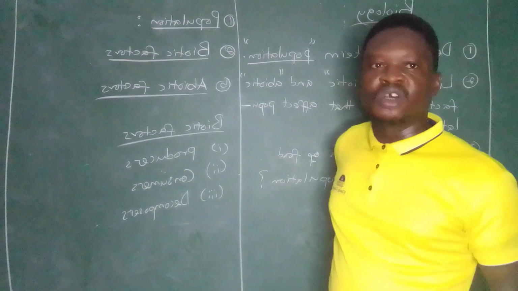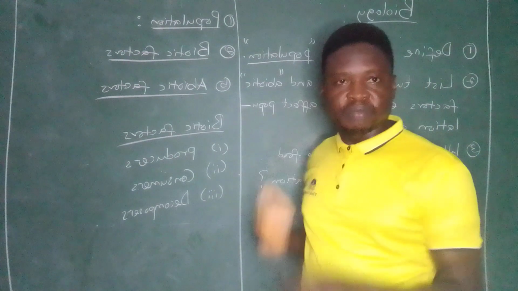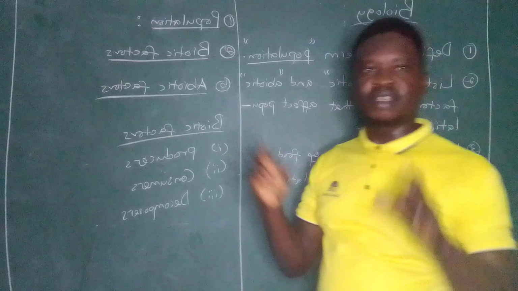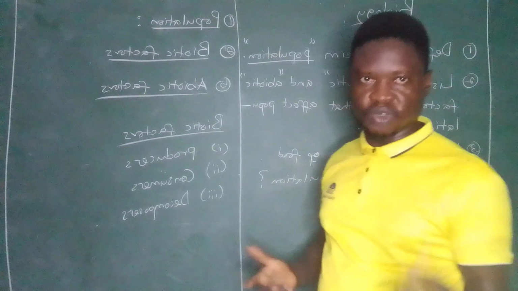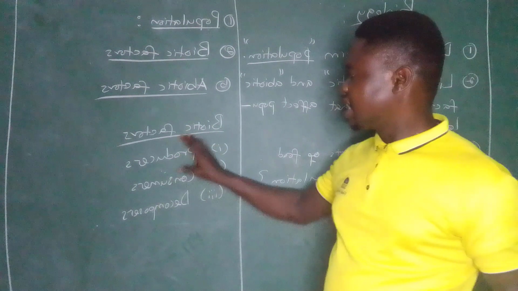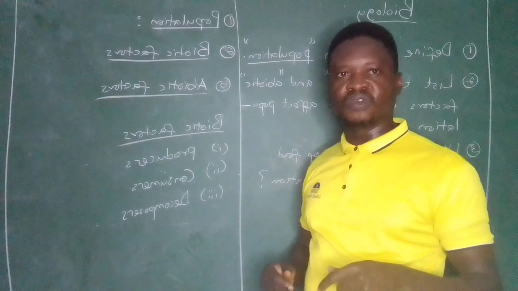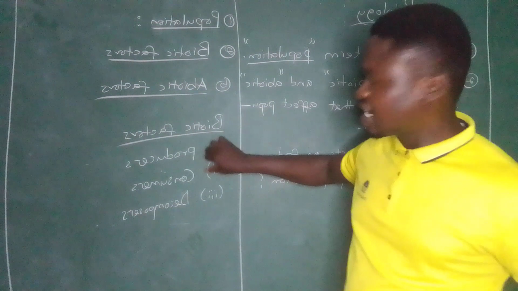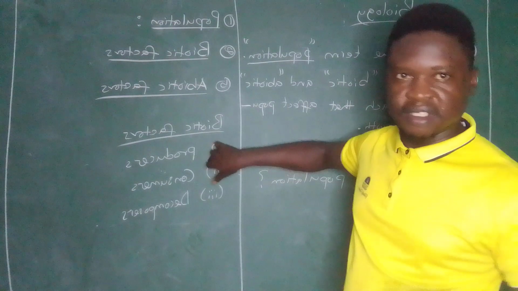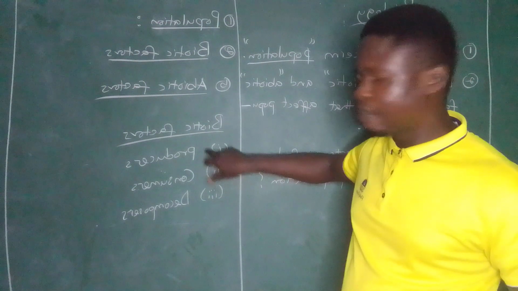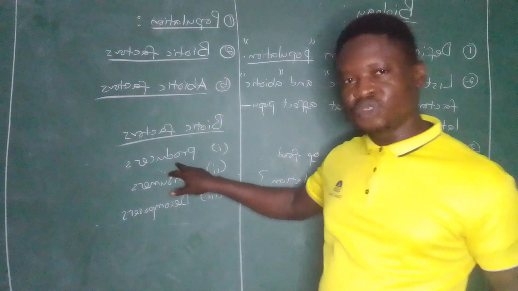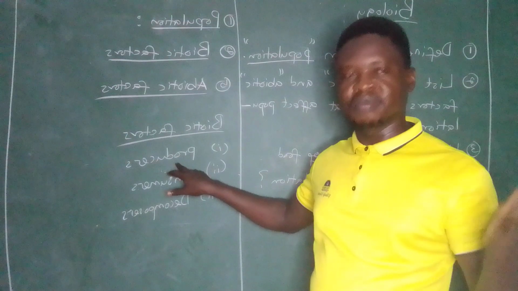They are autotrophs. Producers are also called autotrophs. These are organisms, as we all know, plants, that can manufacture their own food through a process called photosynthesis. These are living organisms, plants that have the ability to produce their own food.